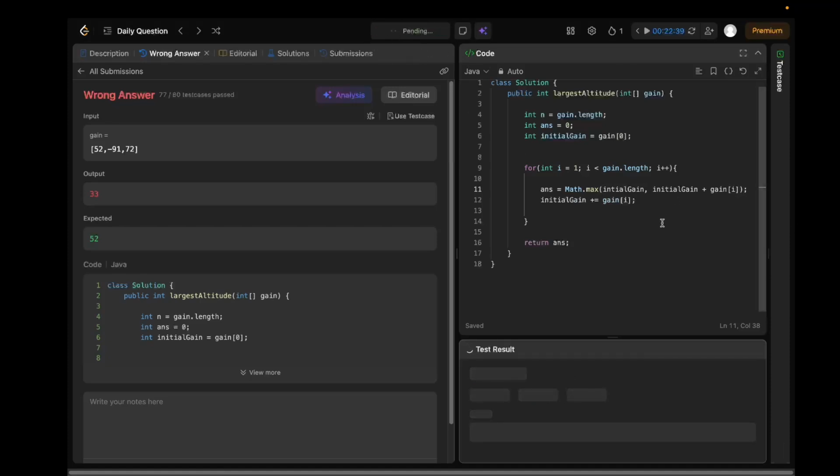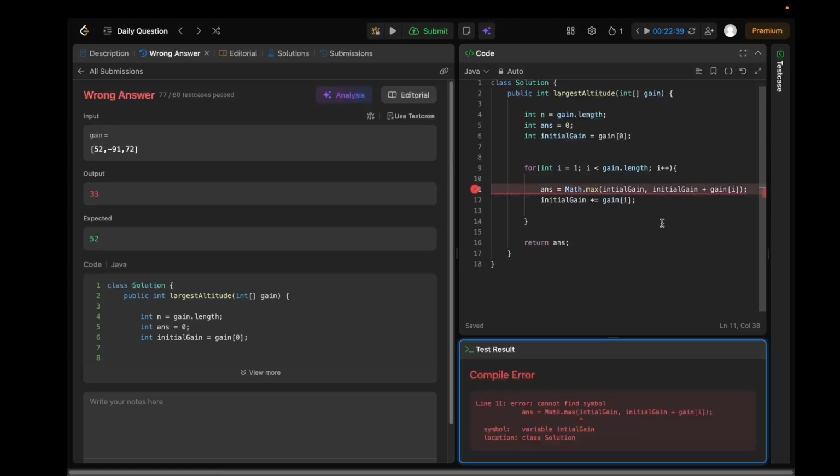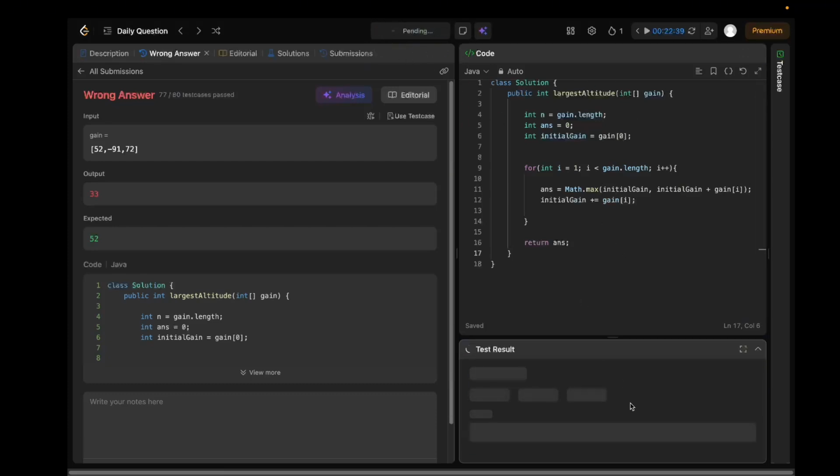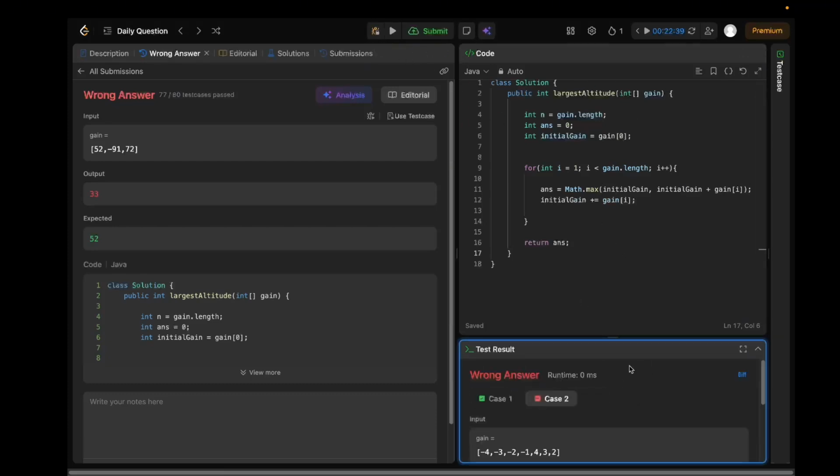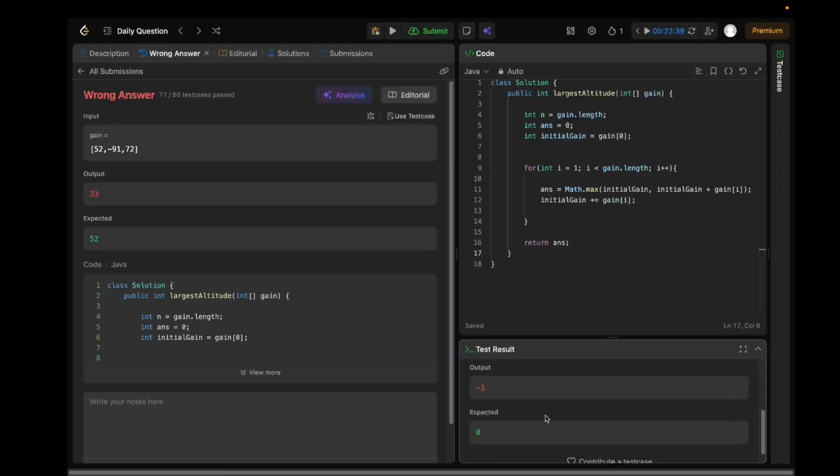Let's see what our spelling, bro. Spelling. Initial gain. Okay, now this test case is wrong. So initially we're at -4, okay, and then we do -4 plus -3, that goes to -7. It should return 0.